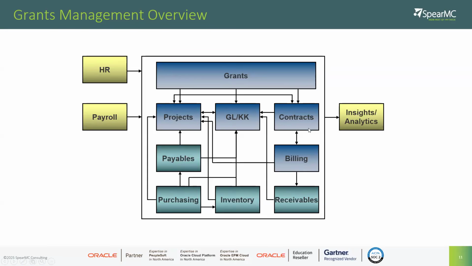The customer contracts box over here is responsible for automating your billing and revenue recognition, storing all of those rules. When we send that invoice over to billing, we can create a PDF. Optionally, we can email that invoice to our sponsors and then send that invoice over to receivables to age.